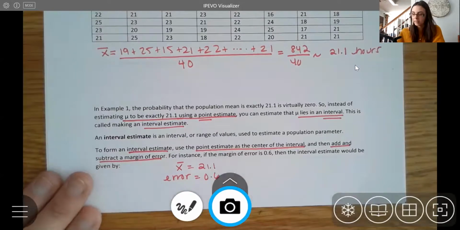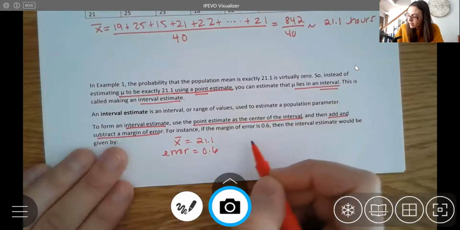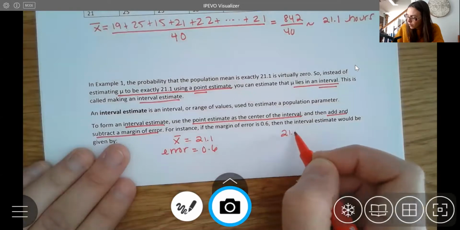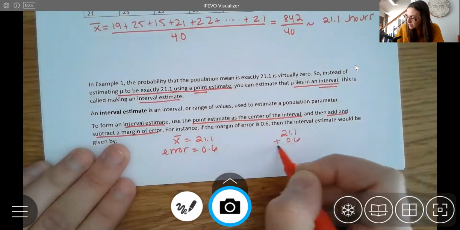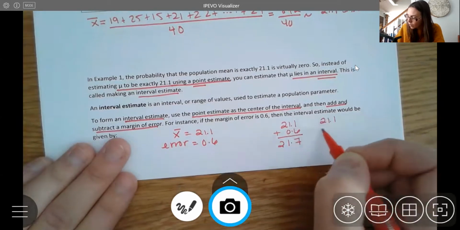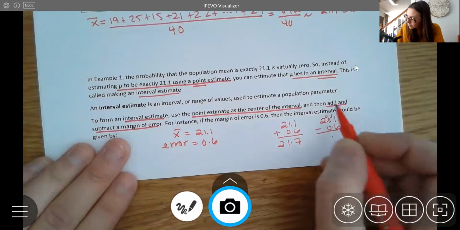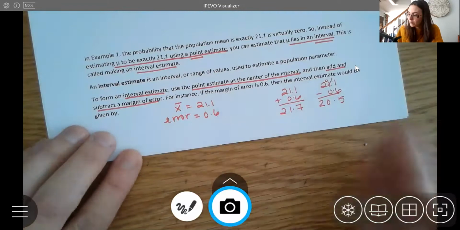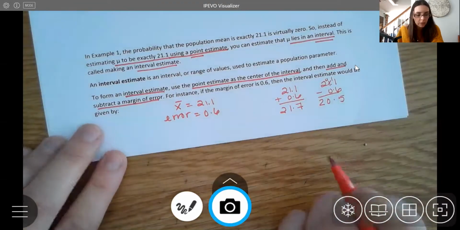For right now, you can just accept it. To find the interval, you take that 21.1 and add 0.6, and we take that 21.1 and subtract 0.6. Then we put these two values together, and that gives us our interval.